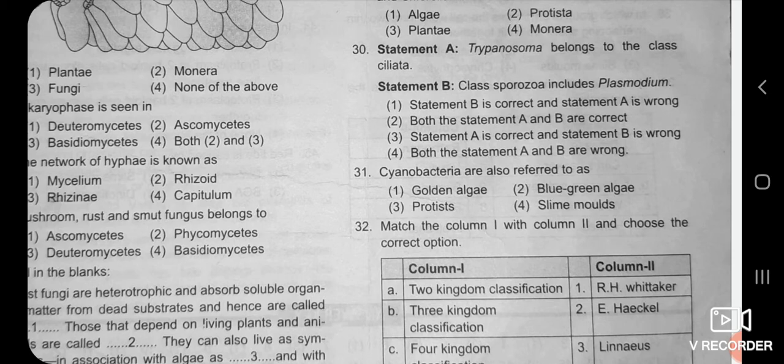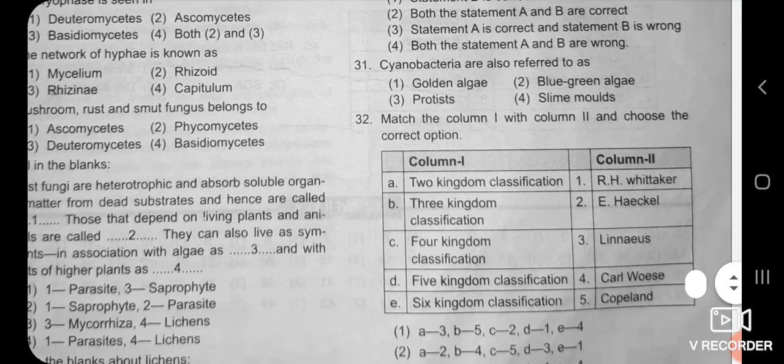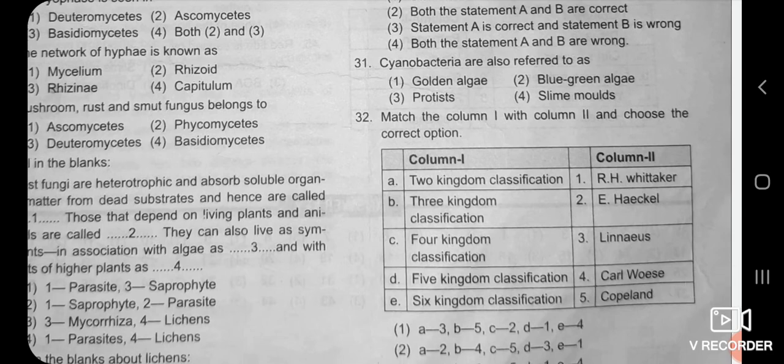It is correct, because Sporozoa is the group of protozoans where Plasmodium is an example. So the correct answer is the first one: statement B is correct and statement A is wrong, because Trypanosoma is not an example of class Ciliata, but of the flagellated protozoan.